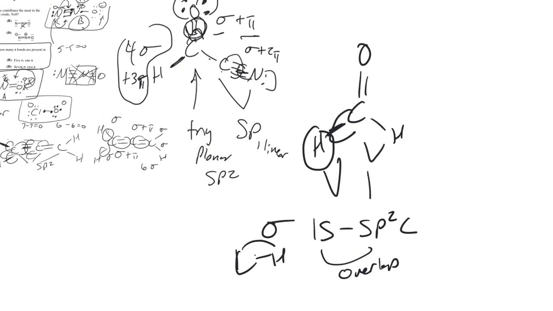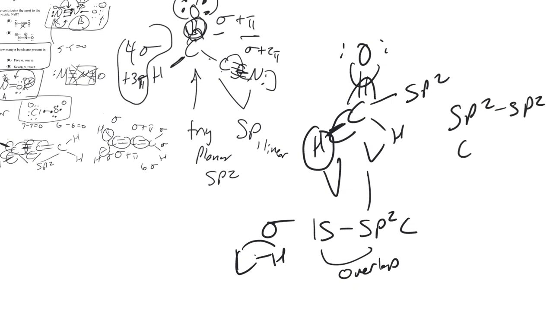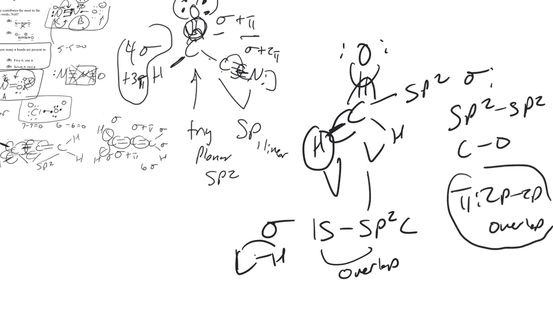The other CH bond is exactly the same. And then we have our sp2 atom. We can have the sp2 overlap, so we have sp2 overlap between the C and the O. This is our sigma here. And then the pi would be the 2p overlap. So just kind of breaking down the bonding in something like formaldehyde, we're going to get 1, 2, 3 sigmas plus a pi.